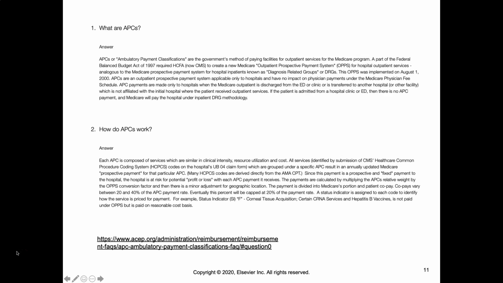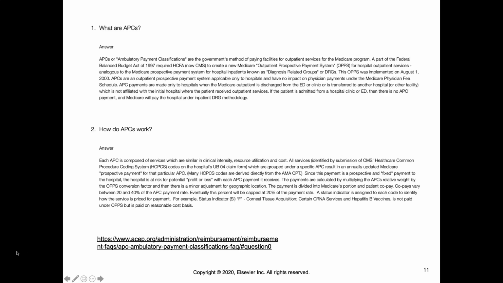The most expensive APC is what is paid first at 100%. After that, the lesser APCs are paid at different rates. And it really depends. There's no way to say it'll always be paid at this percent.